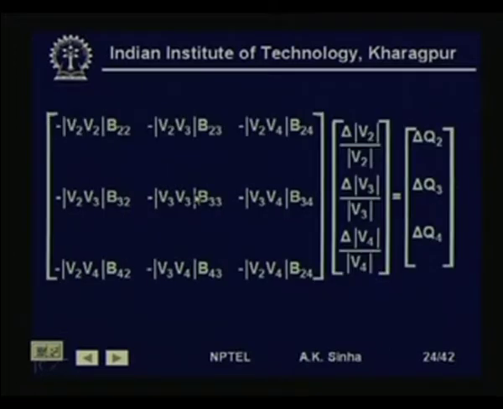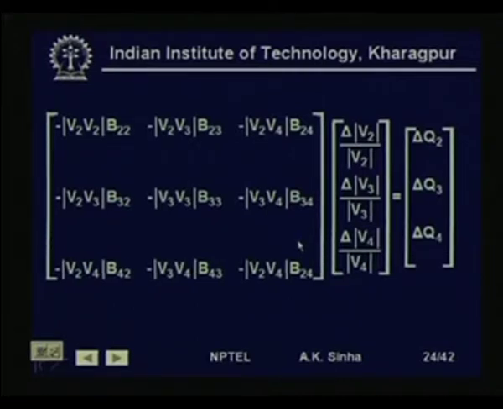Similarly, for the other expression, that is for L into delta V by V is equal to delta Q, we have got it in this form, which is V2 into V2 B22 and so on.